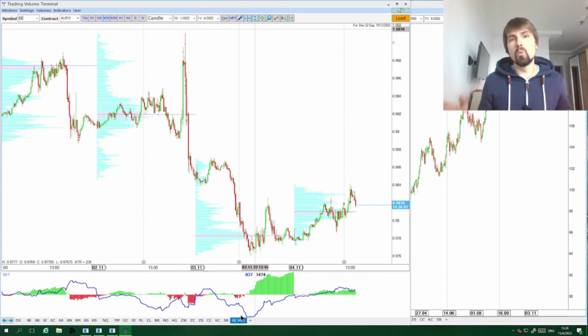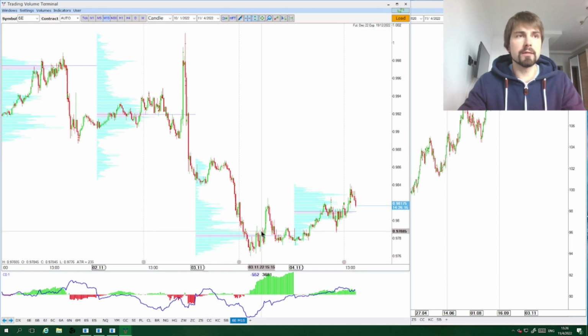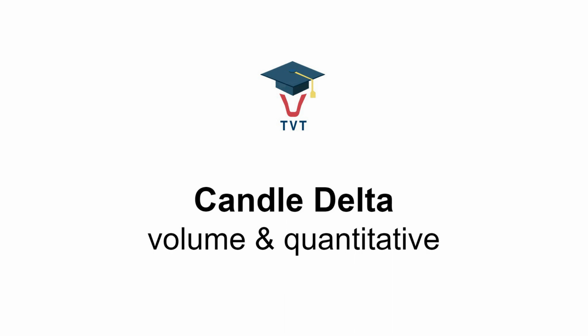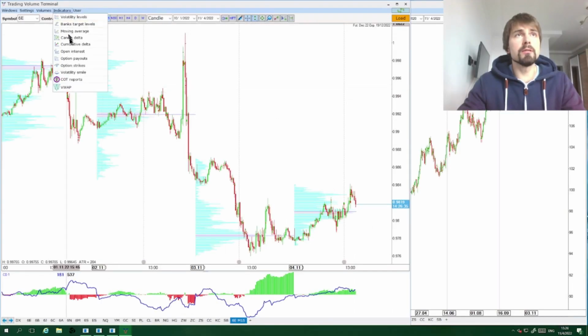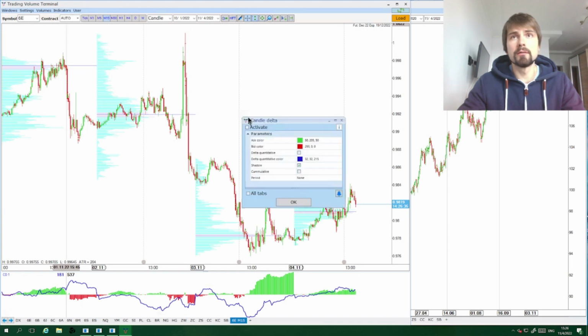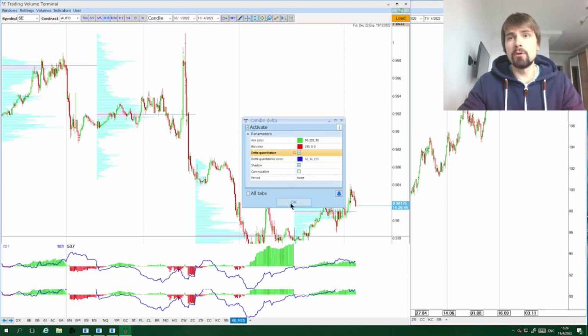You will have one complete lesson where I discuss everything about cumulative delta, why it is important and how to use this instrument. Then we use indicators candle delta. Activate, also put quantitative delta and tick all tabs and OK.